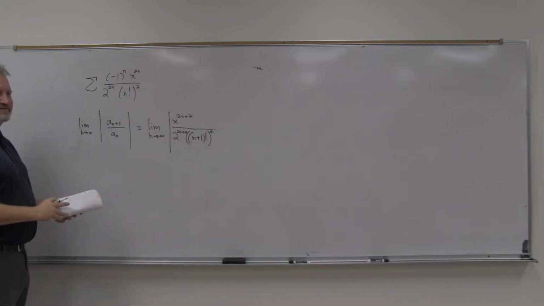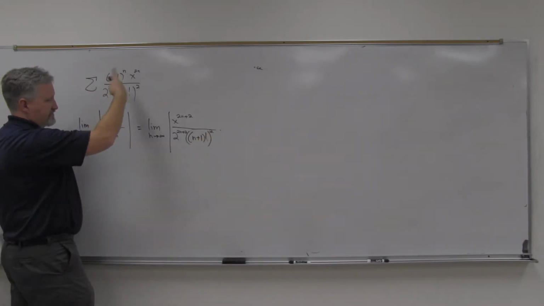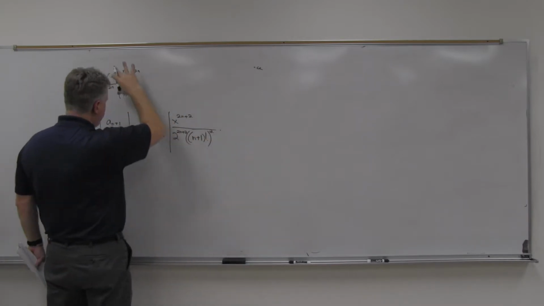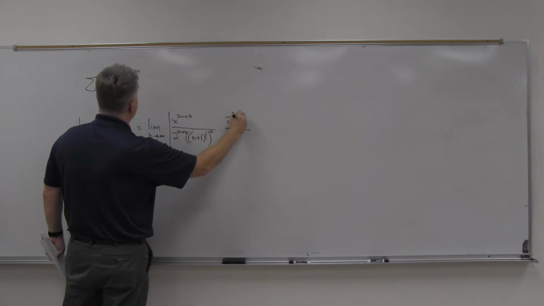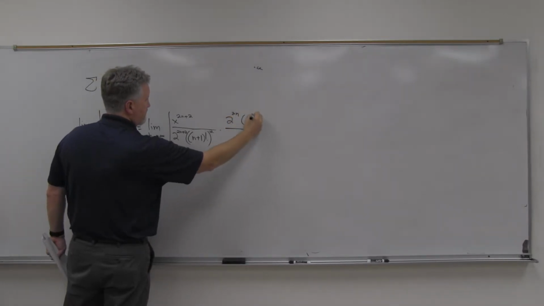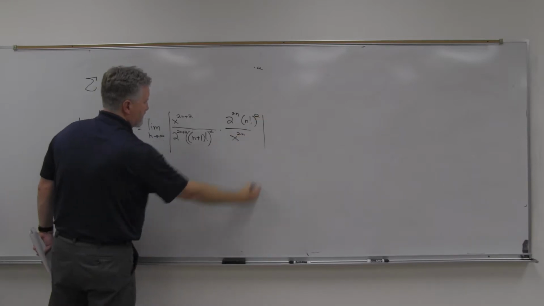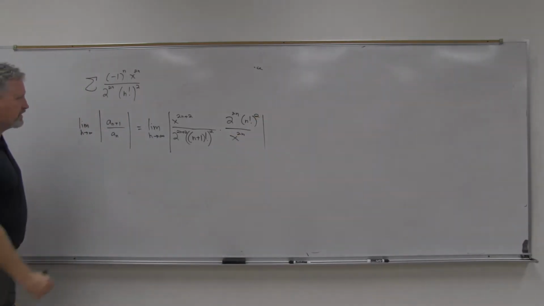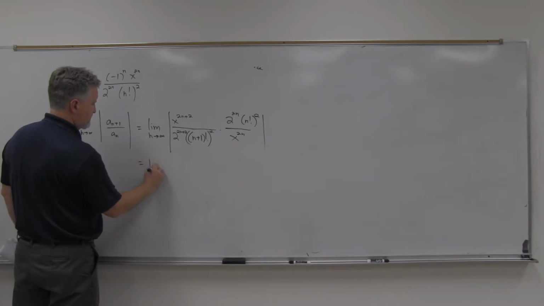Still a lot going on. And then divided by a sub n just means the reciprocal. We don't have to do the alternating signs part. The 2 to the 2n, n factorial squared would be on top then, and then x to the 2n in the denominator. Okay, so split some things out.